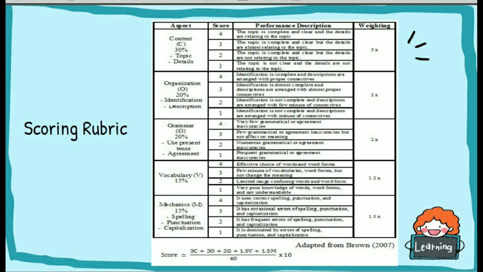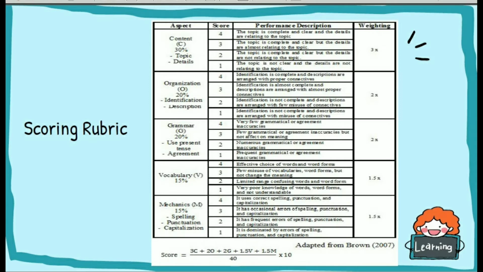Score 2, limited range, confusing words and word forms. And for score 1, very poor knowledge of words, forms and not understandable.